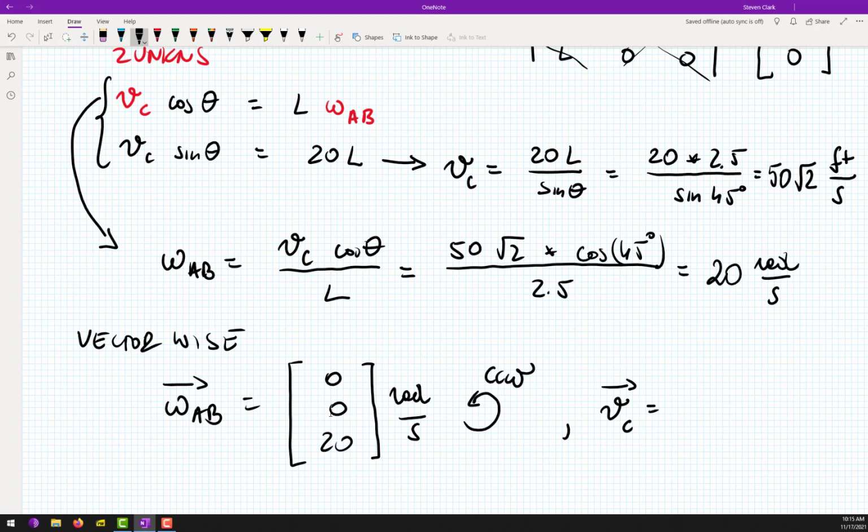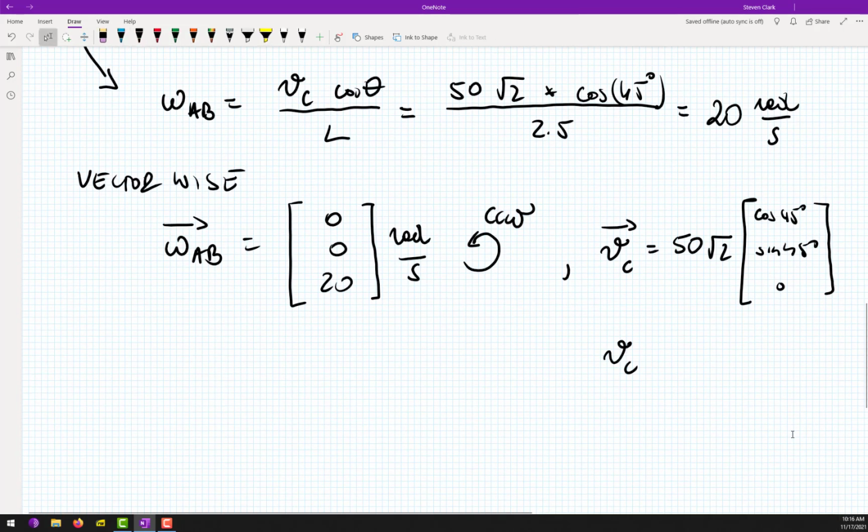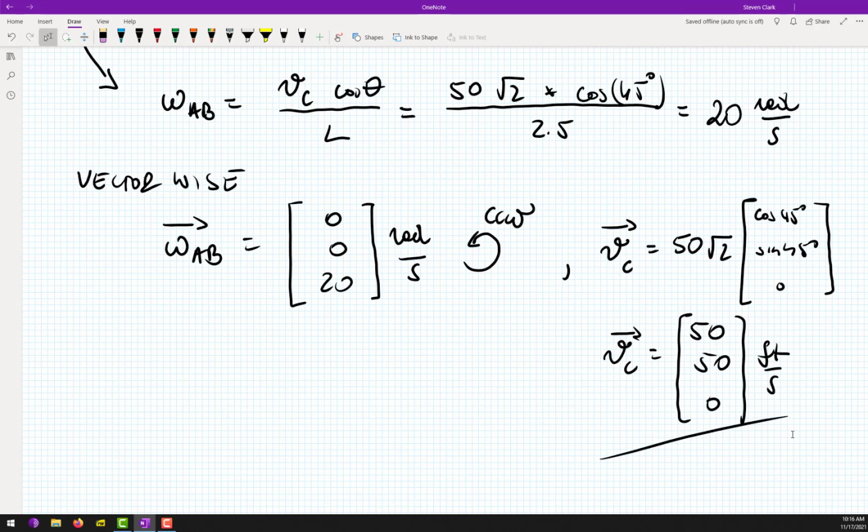So that will be 50 square root of 2 times cosine 45 degrees, sine 45 degrees, 0. If you grab your calculators, you will obtain that our VC is actually 50, 50, 0 feet per second. That's the end of the problem.